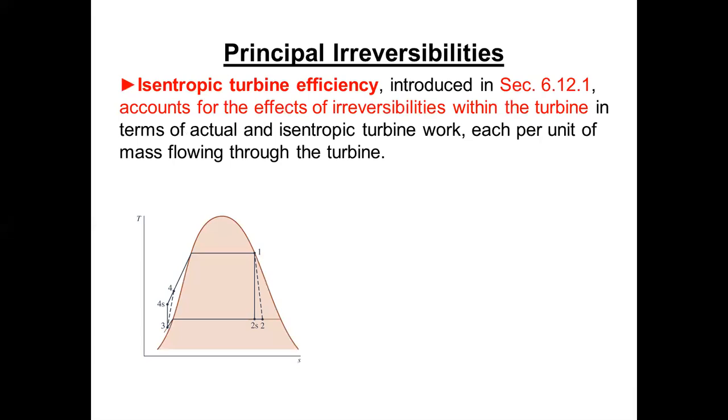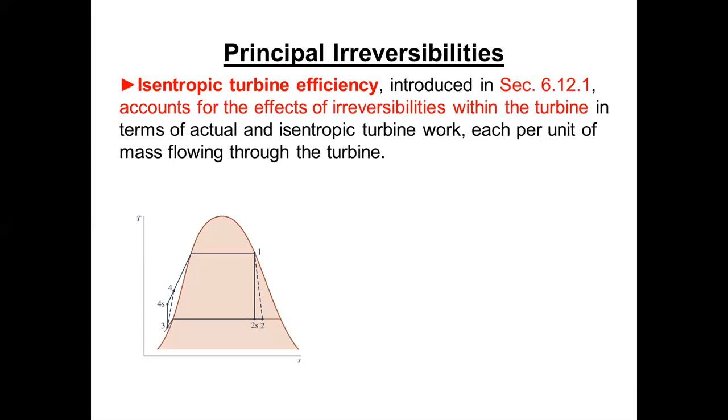Basically, an isentropic efficiency is a comparison of the work out of a real turbine divided by the work that would come out of an ideal or isentropic turbine operating at the same inlet temperature and pressure. So we put the same steam flow and condition into both turbines.